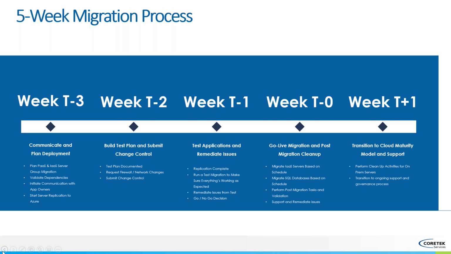So you can have multiple different migration groups running at once so that you can continuously migrate, depending on how much infrastructure you have over time, but securely and methodically to ensure that you actually are following proper processes and really truly testing your failover beforehand, making sure any remediations needed are remediated before the time to actually cut over, submitting change controls, any firewall and network changes and things like that.